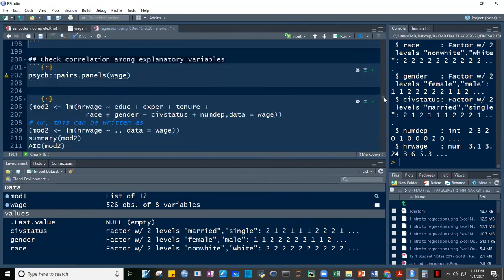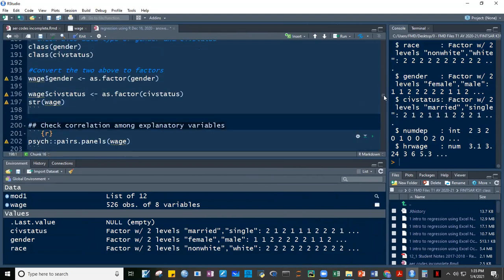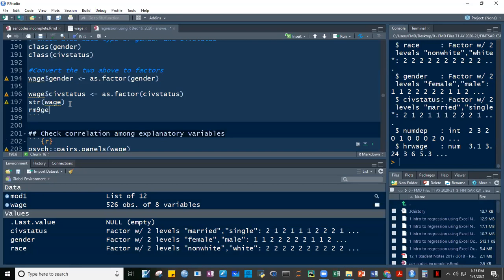Naging careless ako guys, ang ginawa ko kanina, nag-gender lang ako. So what was I doing? I was creating another object called gender. Okay? And we don't want that. So i-remove ko lang si gender. Hindi ko kailangan yung gender na yan na object. RM gender. Remove that.